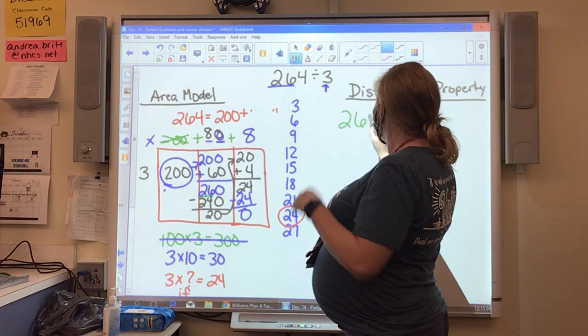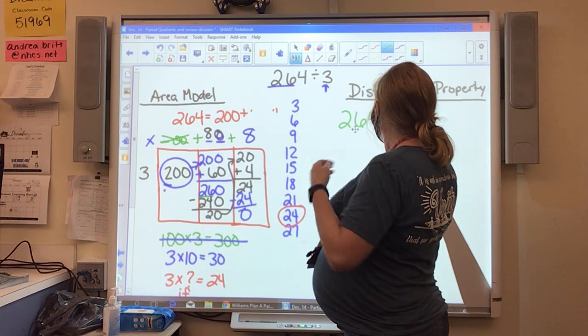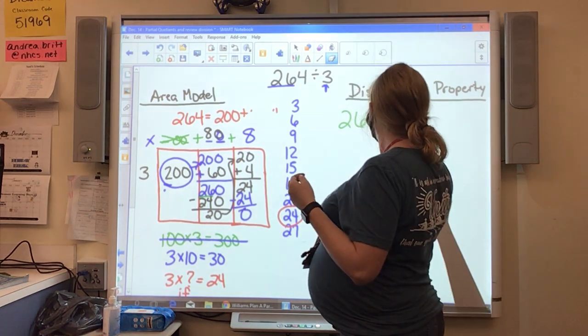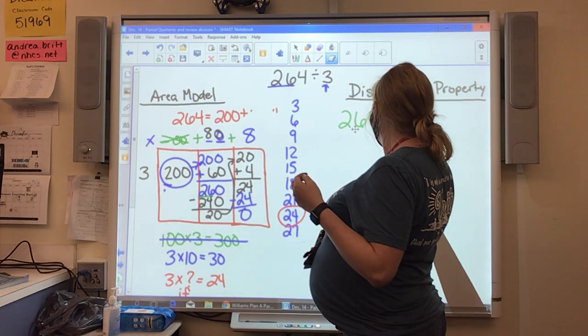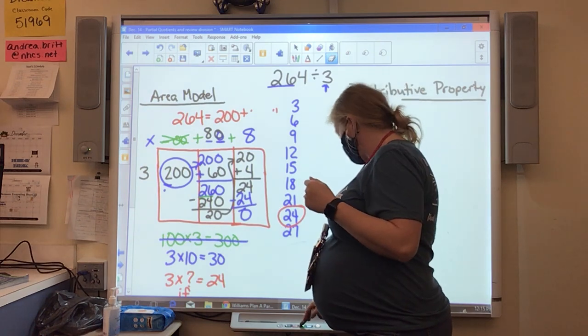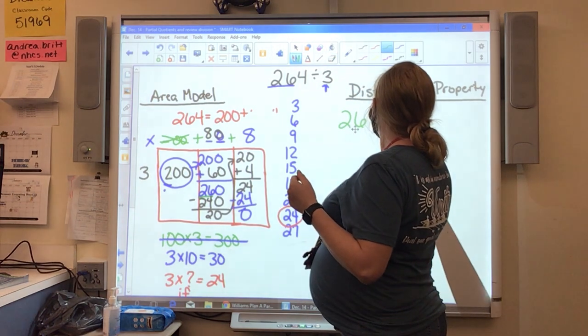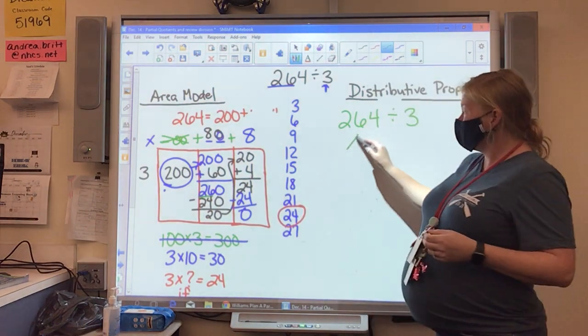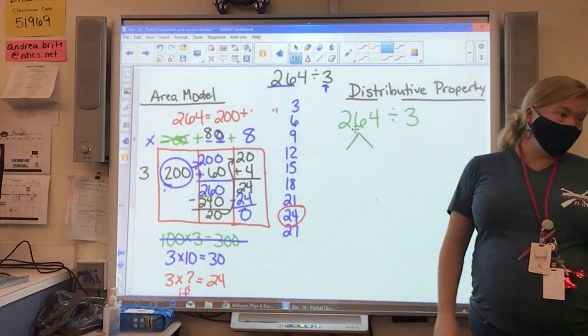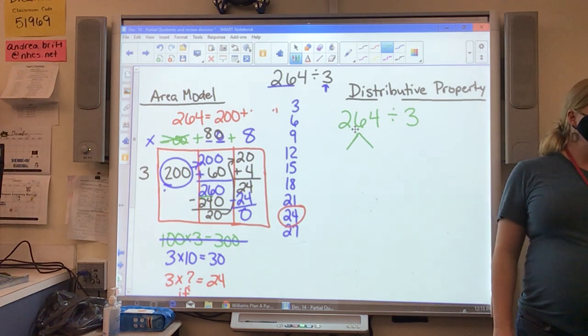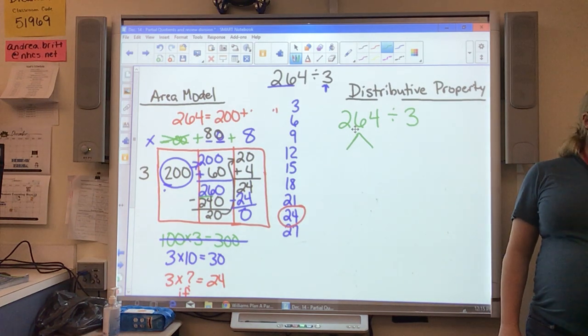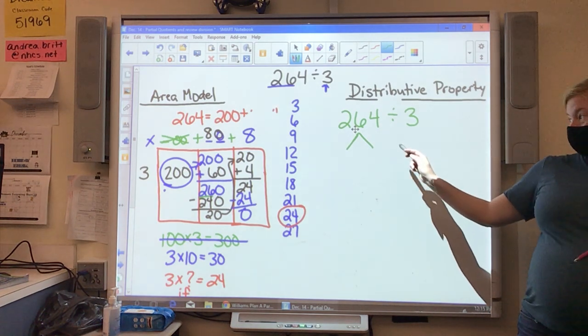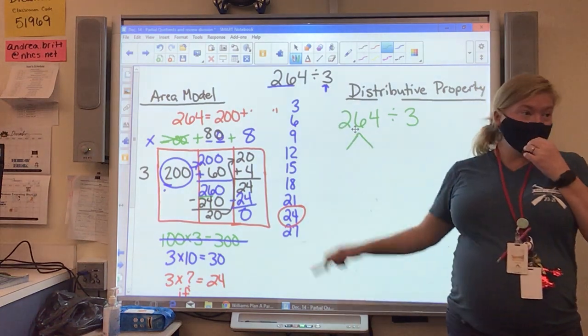So I'm going to say 264 divided by 3. I need to break this number up into two numbers that are easily divisible by 3. And I'm going to use my multiples to do that.